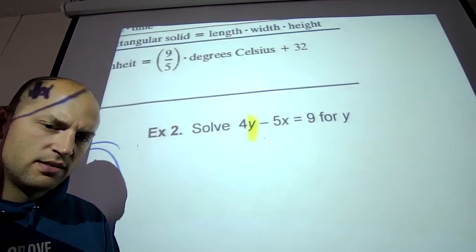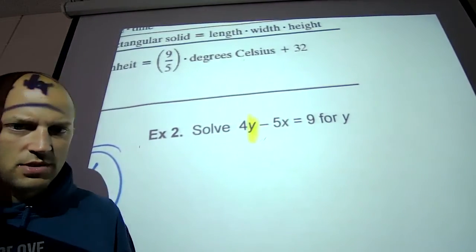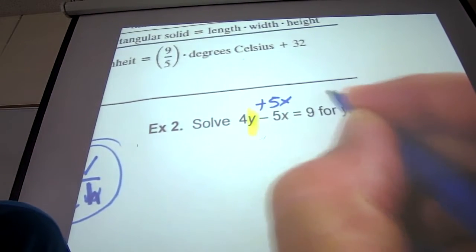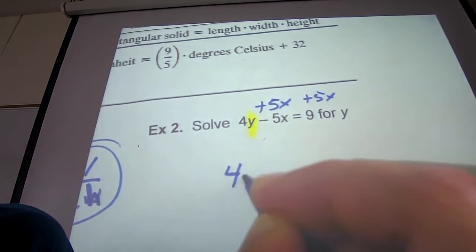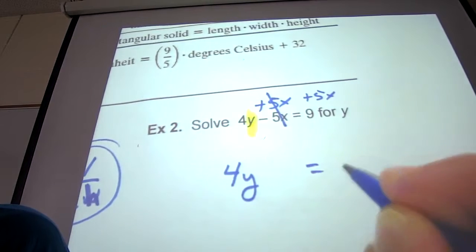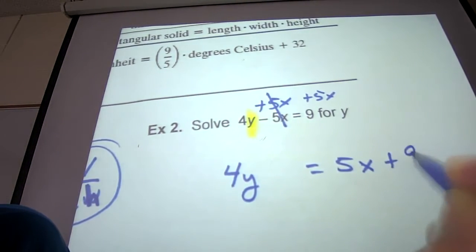Throw out some ideas. Awesome. Just add that 5x over. You want to add and subtract first. So we're going to add 5x over. So I've got 4y by itself. 5x and negative 5x cancel, and that gives me, I like writing it 5x plus 9 like that.